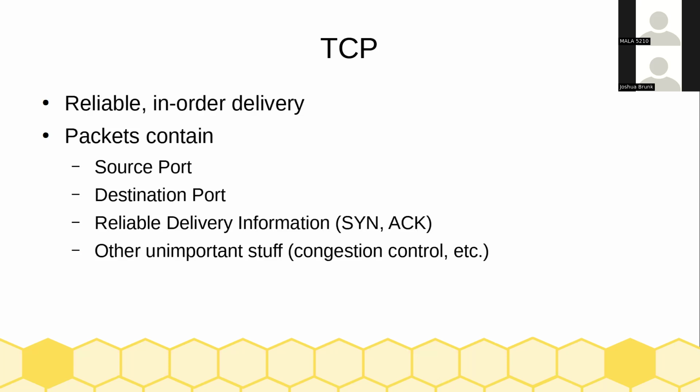And like I said before, the packets contain a source port and a destination port, but also some additional information for the purposes of reliable delivery. nmap is going to use this information to probe whether a host is online or not, or whether there's something on a specific port on a host. And remember, a port is just an address associated with a specific host where specific services might listen. TCP also does a lot of unimportant stuff for us, at least, like congestion control.